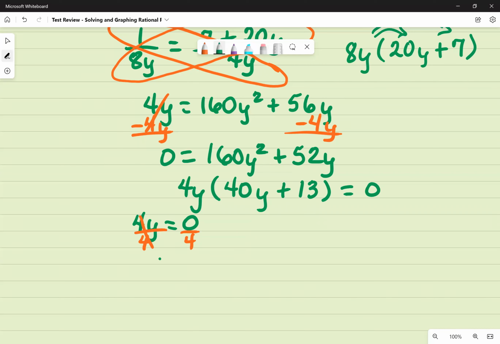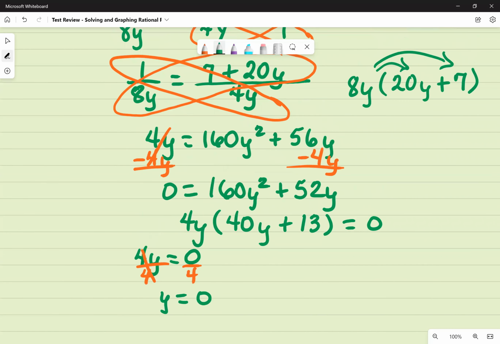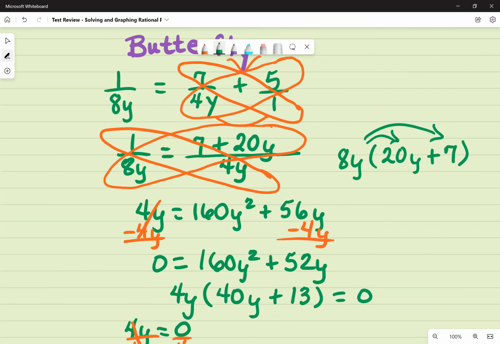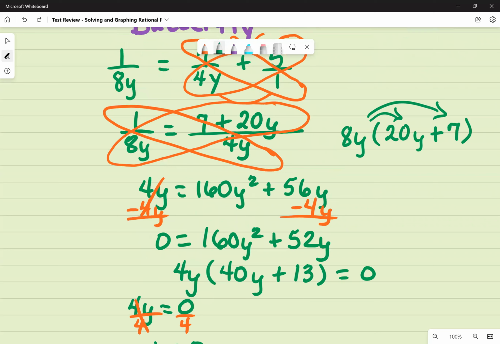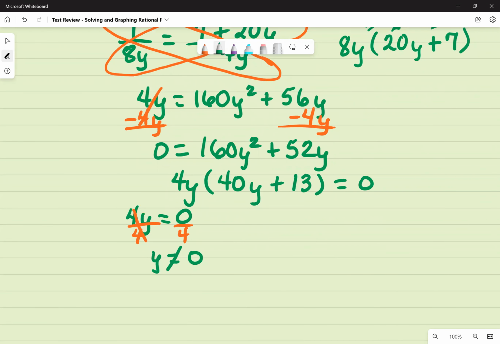And y equals 0. But if we go back to our original denominator, if we put a 0 there, that's going to make the entire denominator 0. So we can't use that one. So therefore, y cannot equal 0 because it's going to be an extraneous solution.